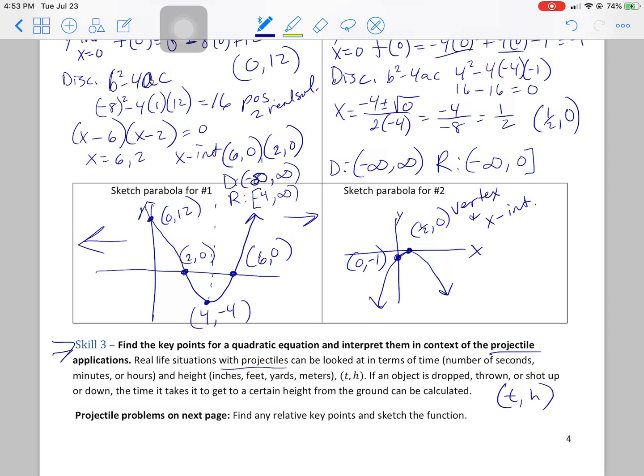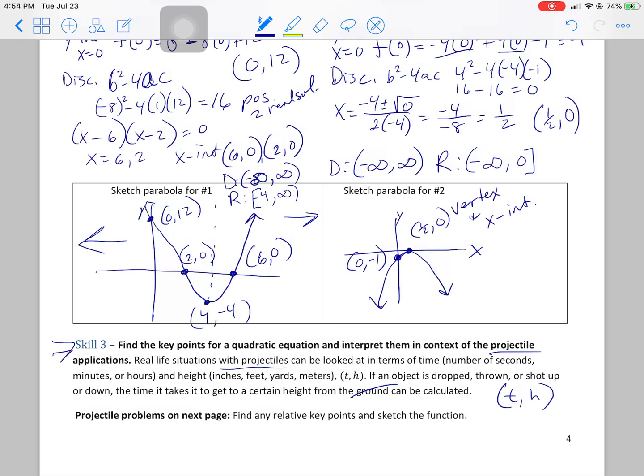An object is dropped or thrown or shot up or dropped down, and you look at the time it takes to get to a certain place from the ground. Or even where it starts, you'll see some things on a cliff and some things shot up from a certain height.